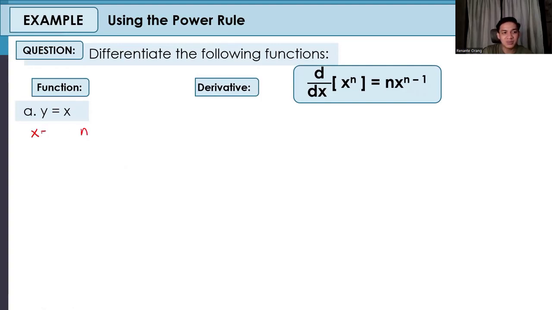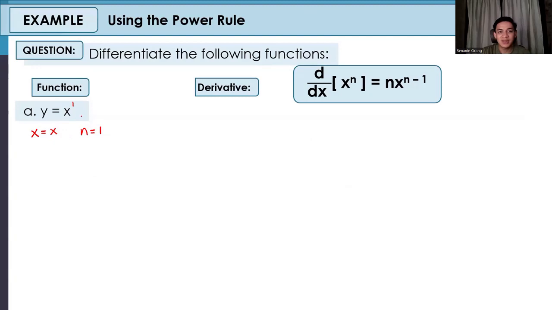So, for this one, x po natin is equivalent to sino yung merong exponent. So, for this one, si x yung may exponent na 1. So, yung x natin is si x. Next thing is our n. N natin is our exponent. So, therefore, that is 1.